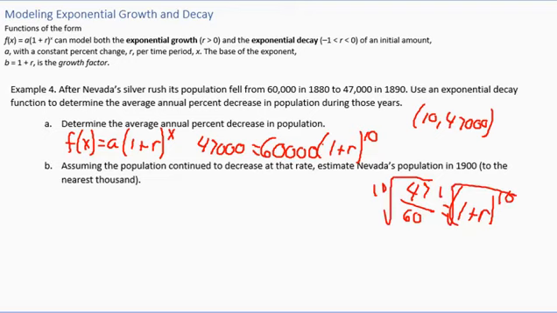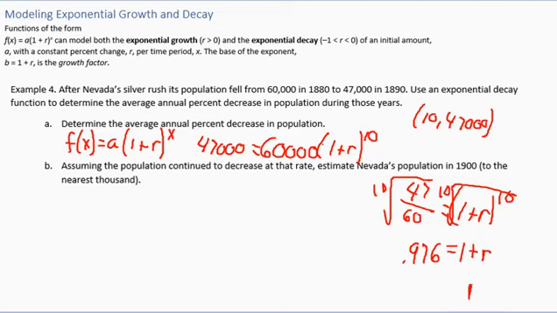So if we figure out this calculation, you'll have to use your calculator. You'll get 1 plus r is equal to the 10th root of 47 over 60, which is 0.9758, so 0.976.